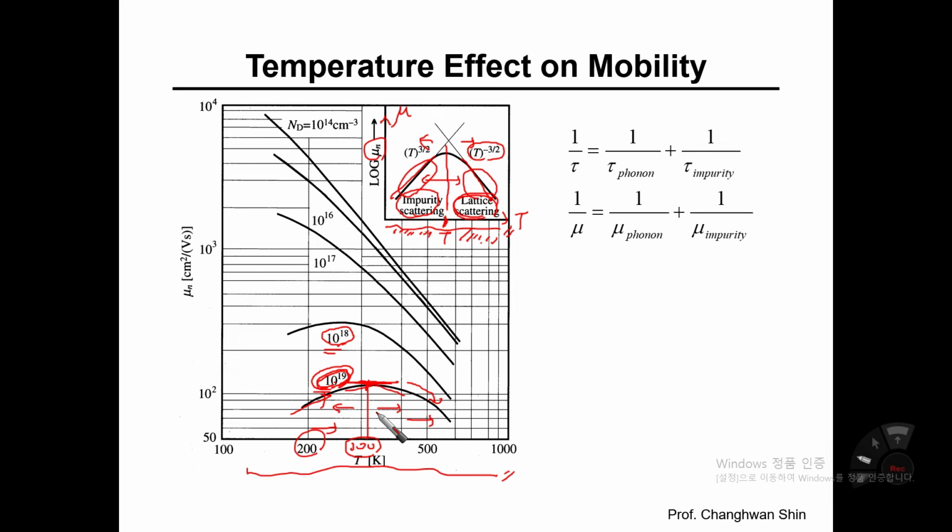In a silicon sample which is heavily doped, we can clearly see the two different trend lines in the plot of mu versus T. However, in the lightly doped cases, 10 to the 14, 10 to the 15, 16, 17, it is hard to see the two separated regions. Only one side is visible, in this case the lattice scattering dominant area.